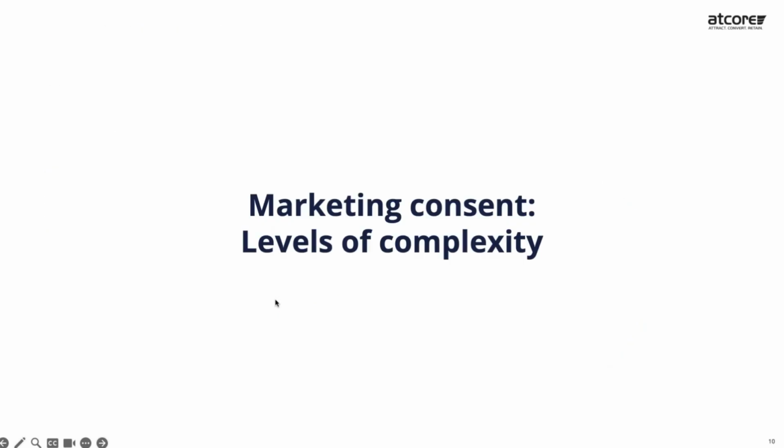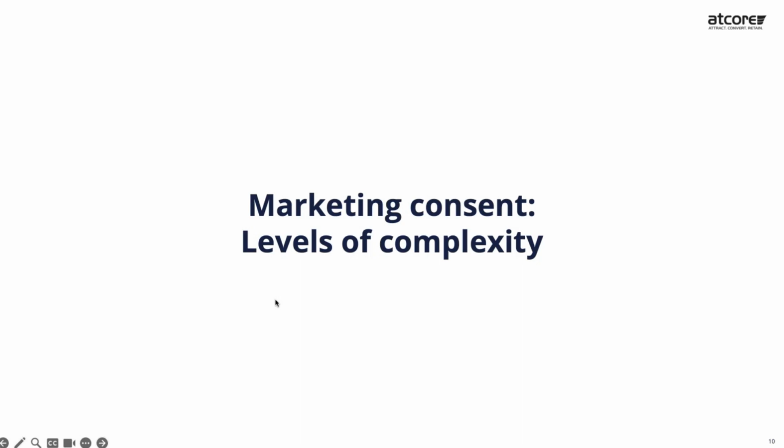Now I have established the difference between marketing consent and GDPR consent, and I would like to introduce you to the different levels of complexity when it comes to consent management. And for the rest of the presentation, I will not be talking about GDPR consent anymore. It will be strictly revolving around marketing consent.